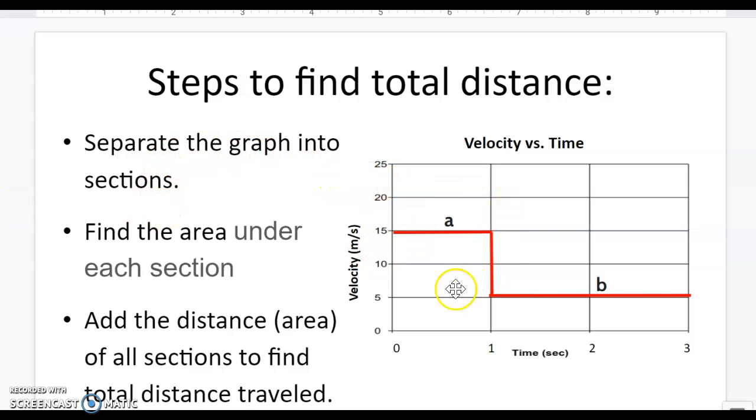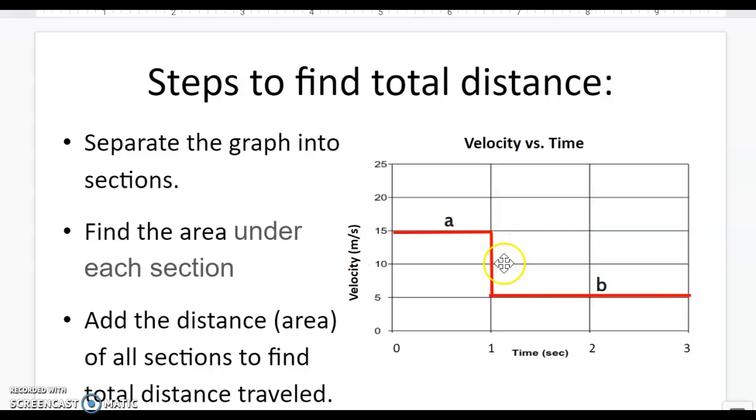So when we take a look at a velocity versus time graph, to figure out the distance traveled throughout this graph, we have to start by separating it into sections because it's not just one shape. We need to separate it into more simple shapes of just rectangles or triangles.